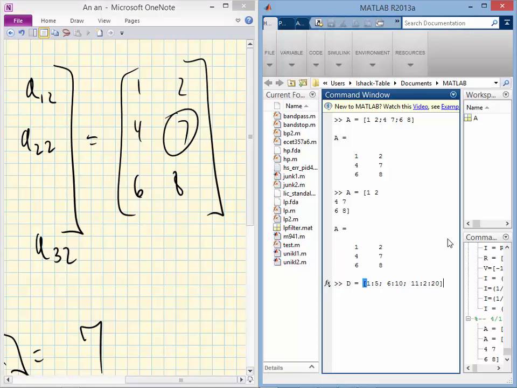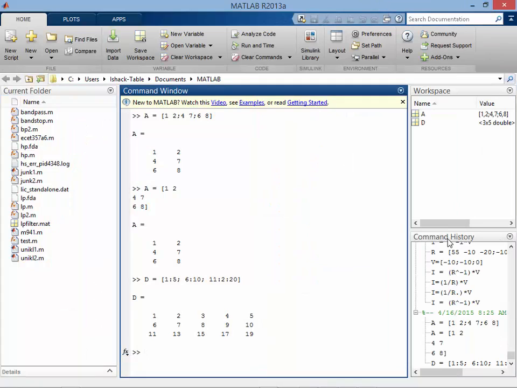This is kind of a funky way of doing it. Let me explain what's going on with this method, and you'll see why I never use it. The 1:5 means just 1 through 5. 6:10 means 6 through 10.